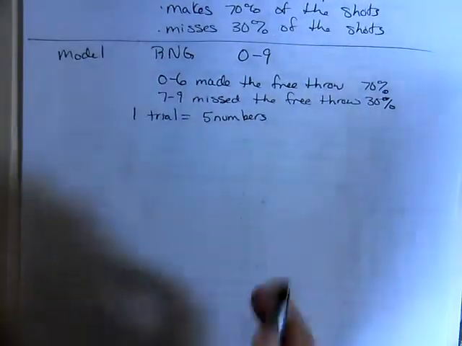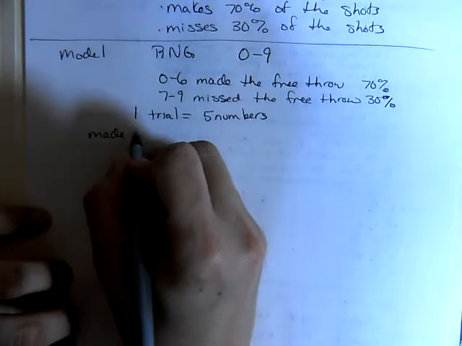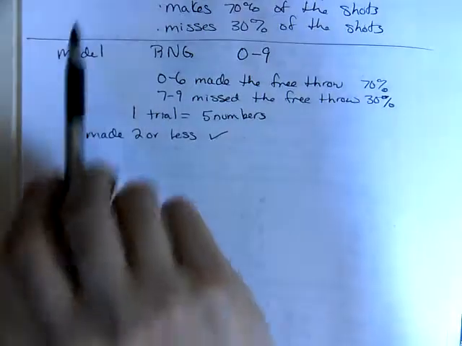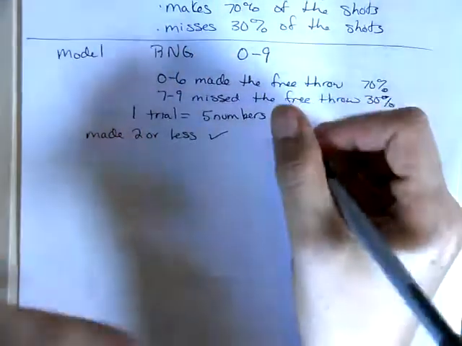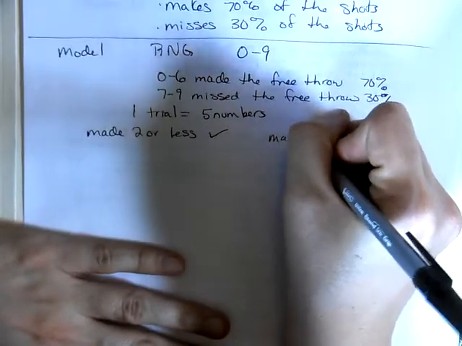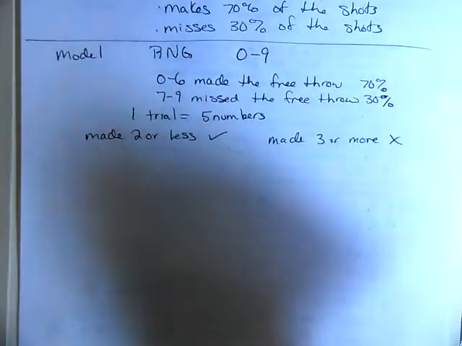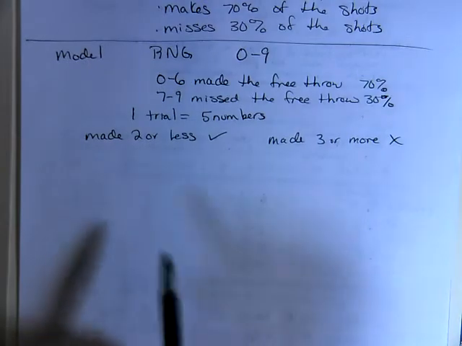Okay, now here's where it gets tricky. So she made 2 or less. I'm going to put a check because it said she missed 3. If she made 3 or more, I'm going to put an X. It's kind of like I'm going to work backwards, because I want to see if she was nervous.